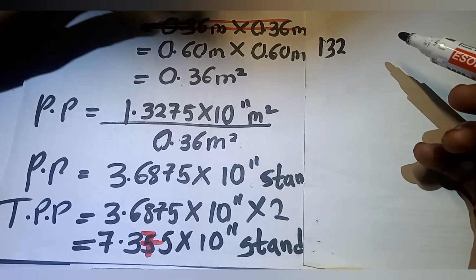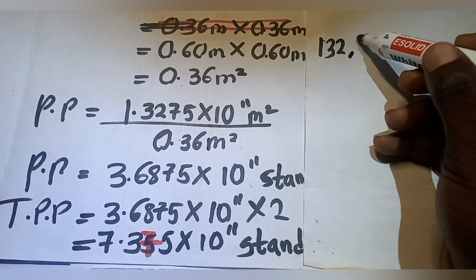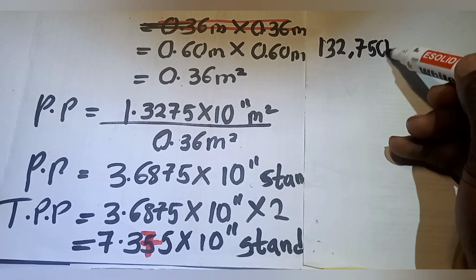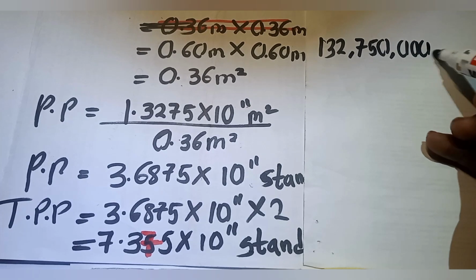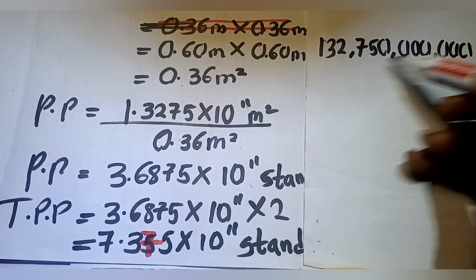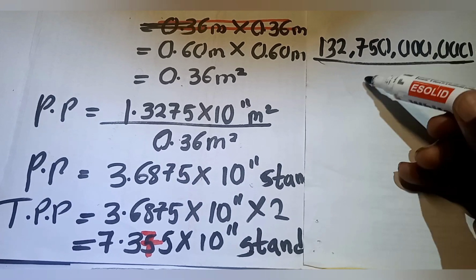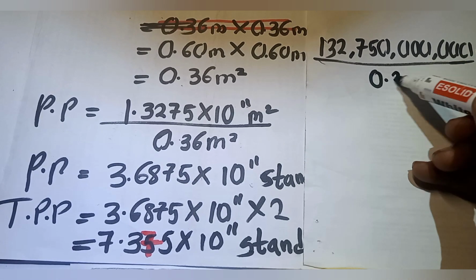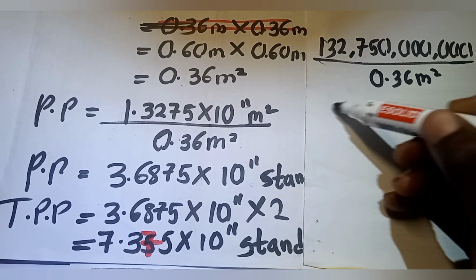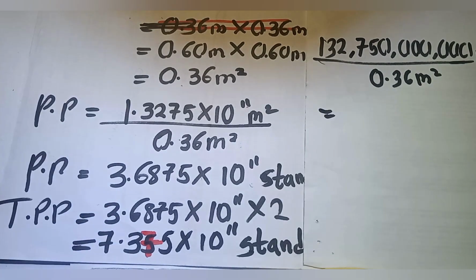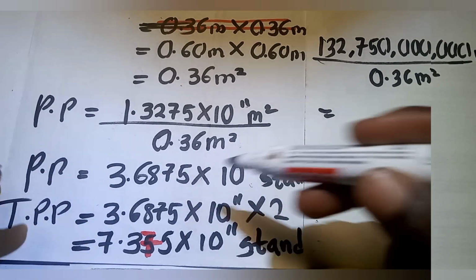On a normal basis, you are going to have 132,750 followed by zeros. Don't forget your meter square, all over 0.36 meter square. You're going to get this.